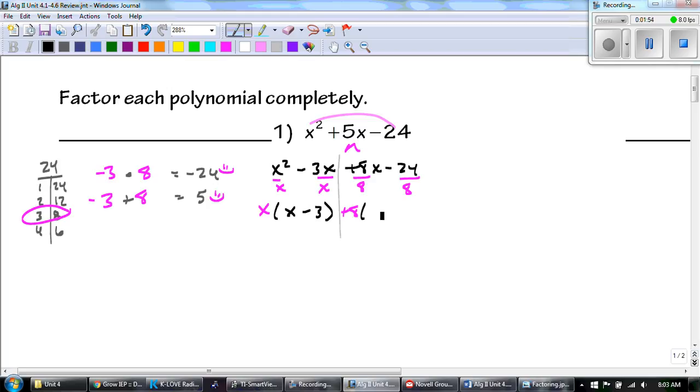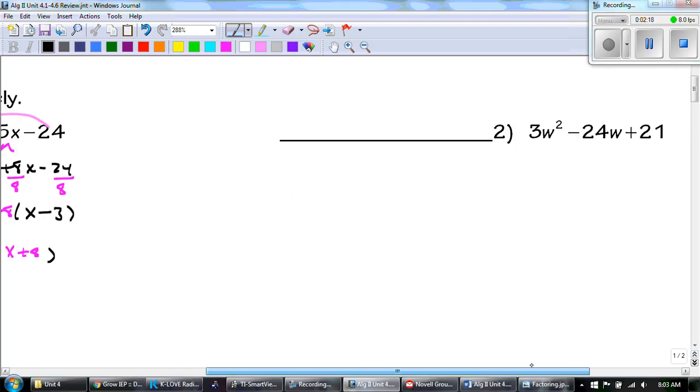And then when we divide that, we're left with x minus 3. So we match, so I know that x minus 3 and x plus 8 is my answer. Now, it does not matter if you write x minus 3, x plus 8, or x plus 8, x minus 3.